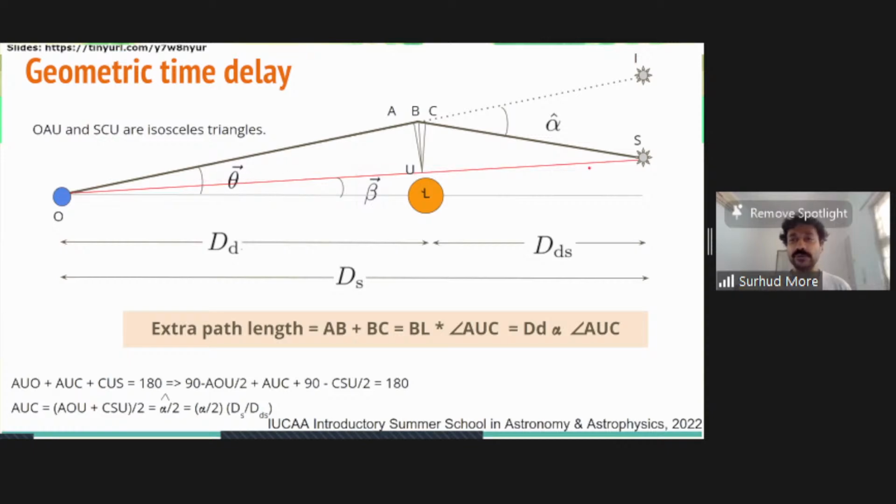What we want to work out is the time delay between the path from S to O compared to the path from S to B and B to O. This is the geometric time delay because there is an increase in the geometric path, and that's why there should be an extra time which is taken for light coming from the source to reach us. In the absence of the lens, it would have come directly, but because the lens is present, it has introduced an extra time delay. So let's work out what that time delay is.